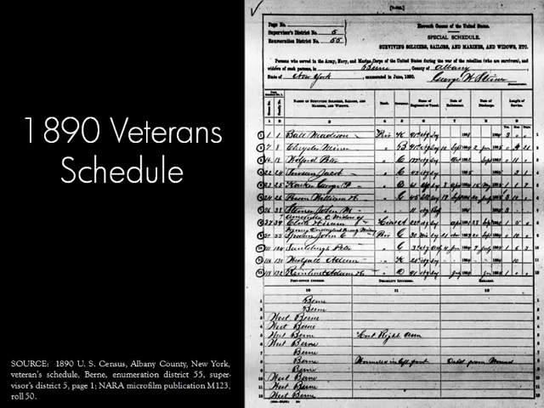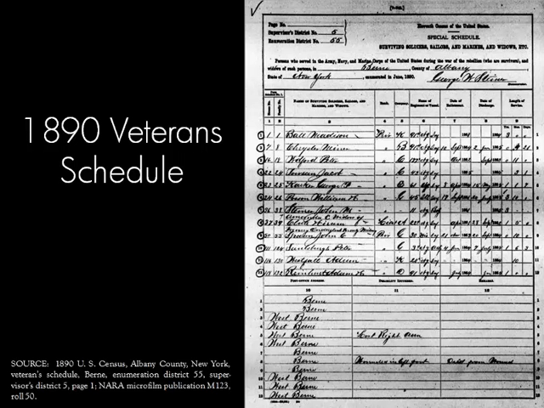You will want to check, if it's available in your area of research, a special schedule that was recorded in conjunction with the 1890 census, and this was specifically to record any veterans of the Union Army.